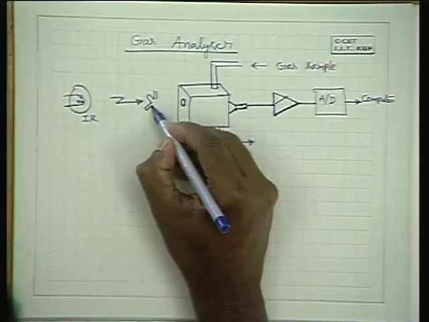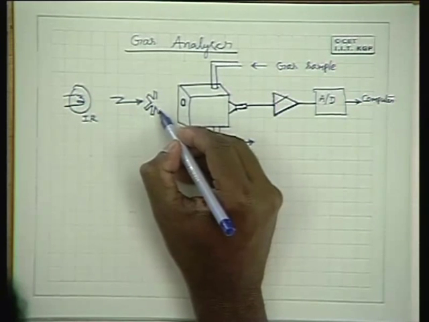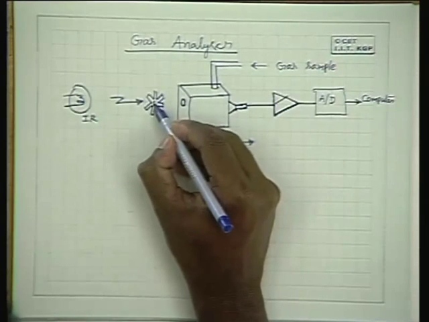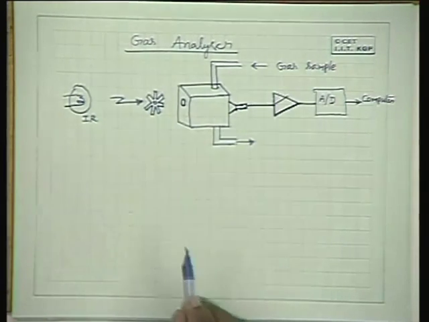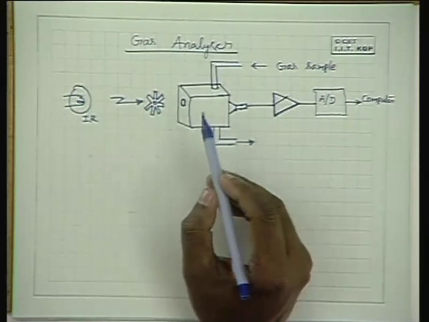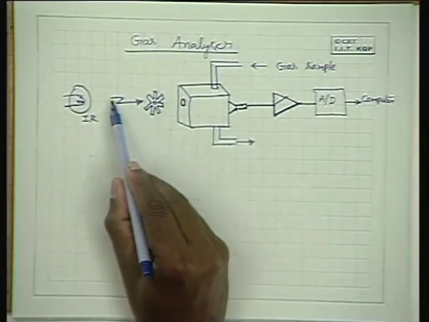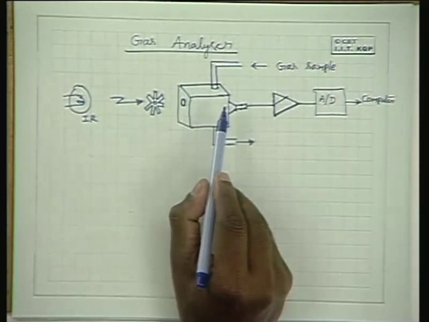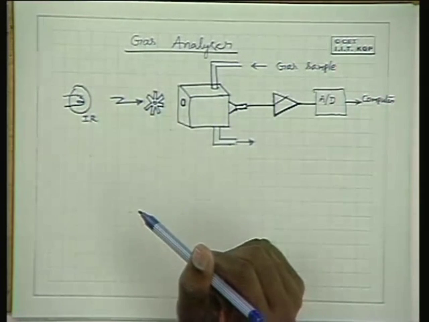To facilitate the amplification and processing of the signal, we normally use a chopper. So you turn the chopper at a certain speed. What the chopper does is it allows infrared excitation of the gas on and off.